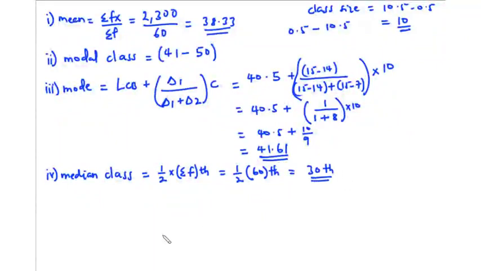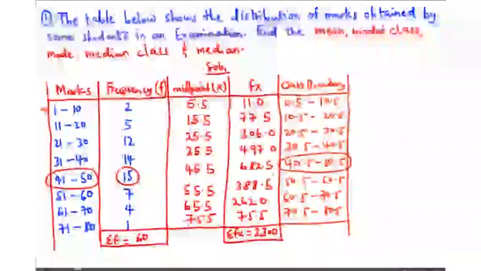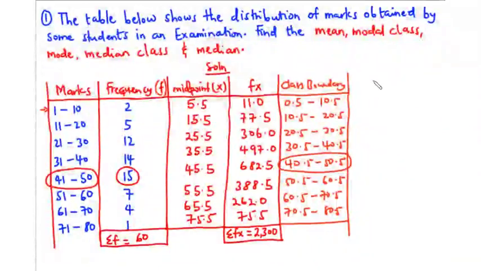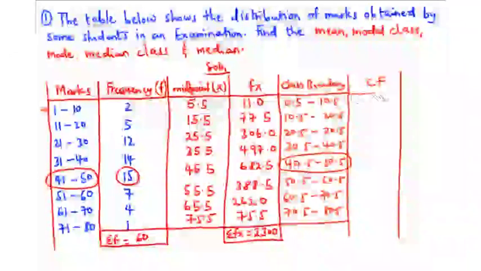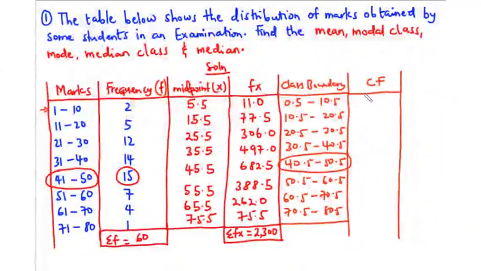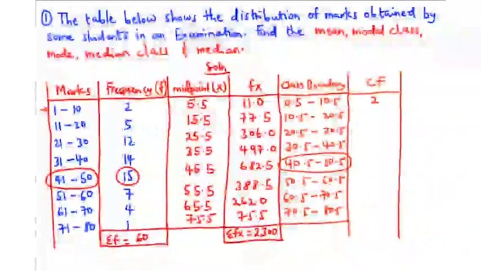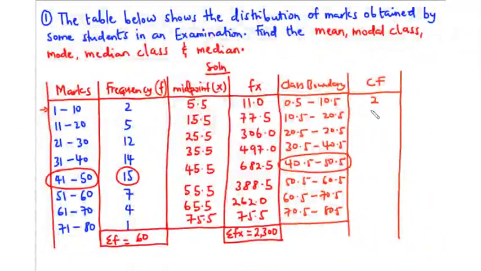Now to find the median class, we need to create another column for cumulative frequency. So cumulative means we are going to add up the frequencies. So for this one we have 2. Now for the next one we have 2 plus 5, which is 7.